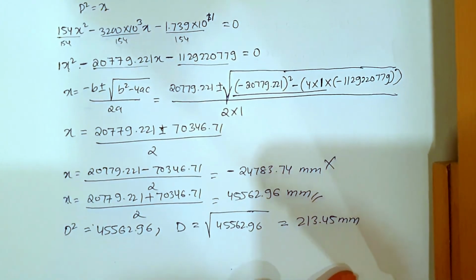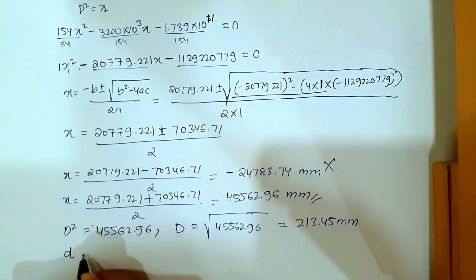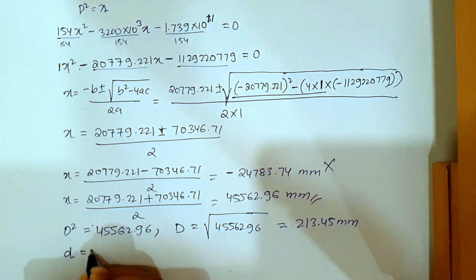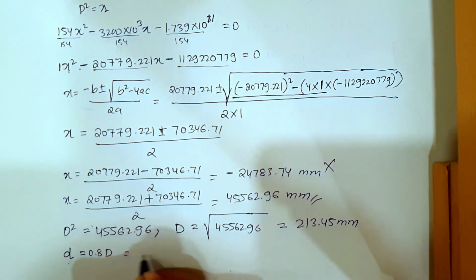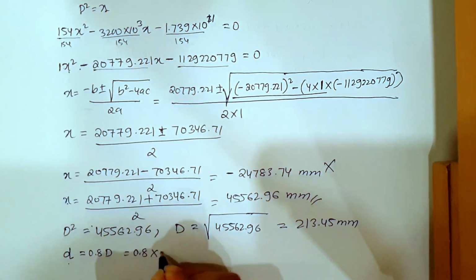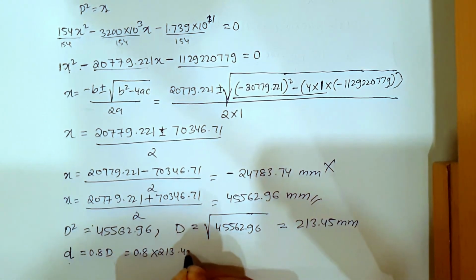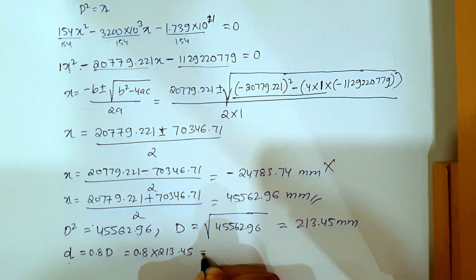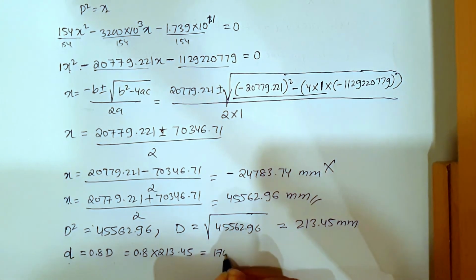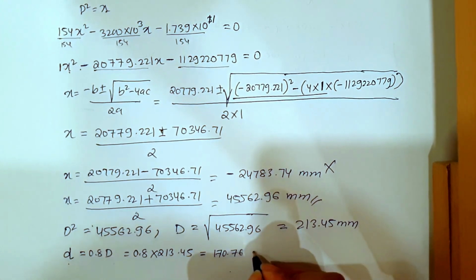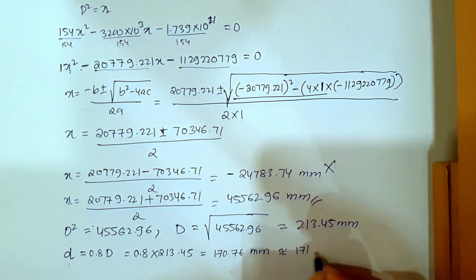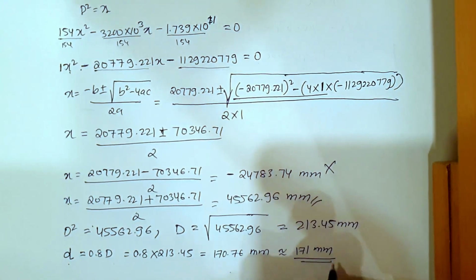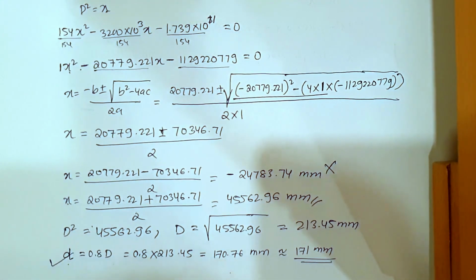Now small d, internal diameter d was equal to 0.8 D. Now from here d will be equal to 0.8 times 213.45, which will be equal to 170.76 mm, which approximately you can take 171 mm. So this is the value of d here.